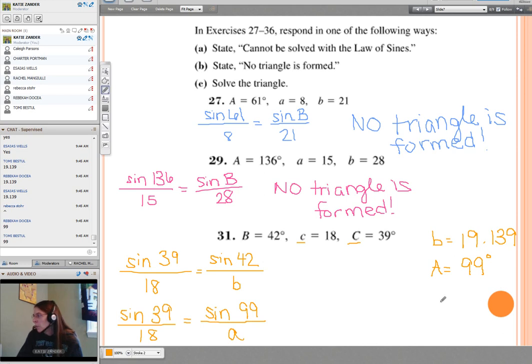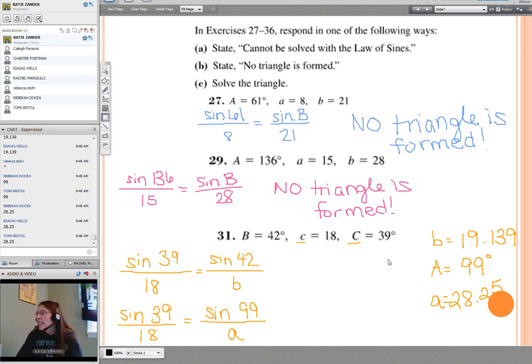And we'll cross multiply one last time. 28.25. Anybody second the 28.25? Yep, Isaias can. Awesome. And then Tommy can third it.